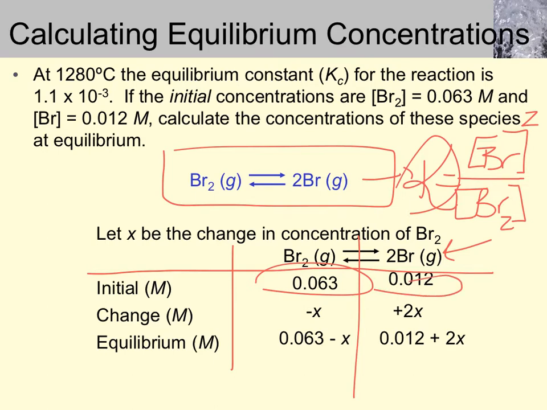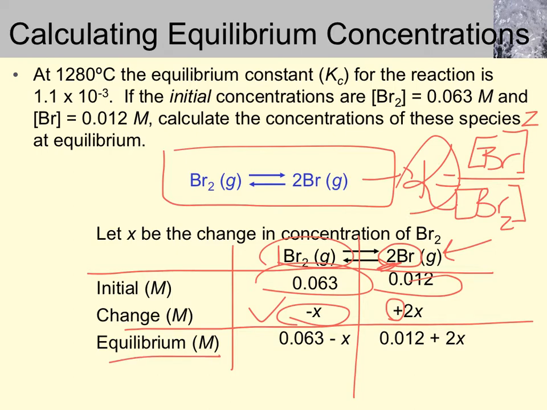So in order to get to the concentration at equilibrium, we have to use x. So we're going to call the change in concentration of molecular bromine minus x. It's a reactant, so it's decreasing. And bromine atom, the product, is increasing, so there's a plus sign, and it also has a coefficient of 2. Now you simply treat it like an addition or subtraction problem.